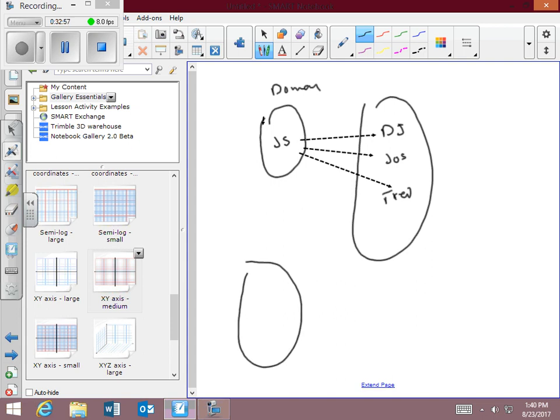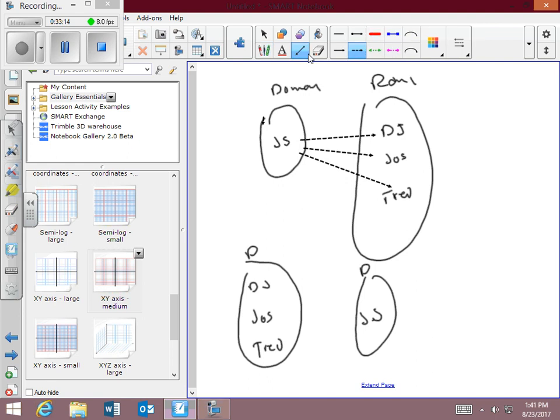and put DJ, this is range, so this is domain, this is range. Now notice, that's a function, isn't it?